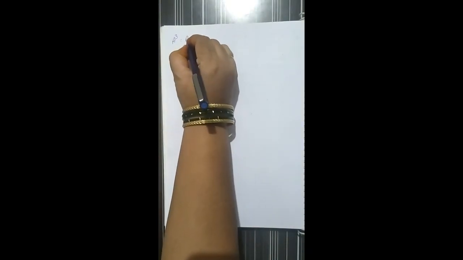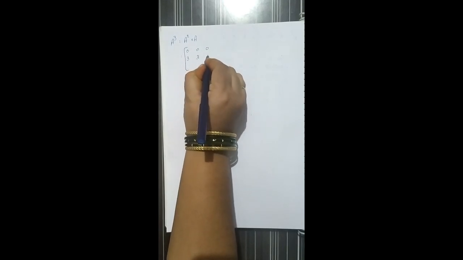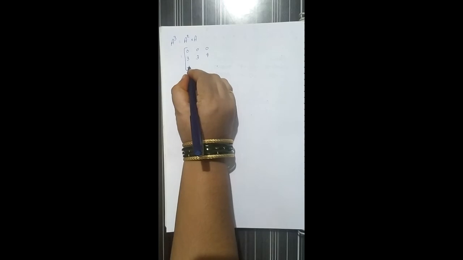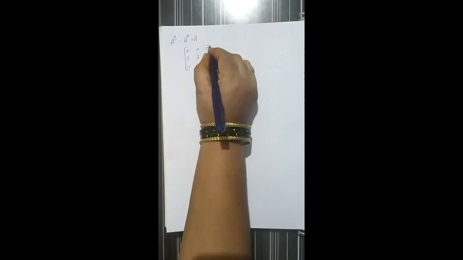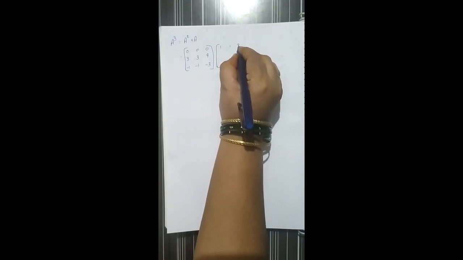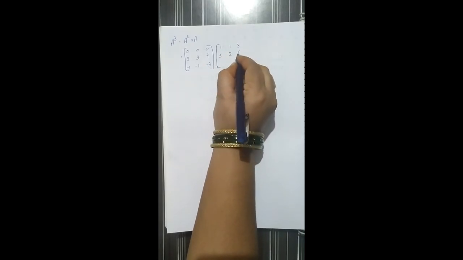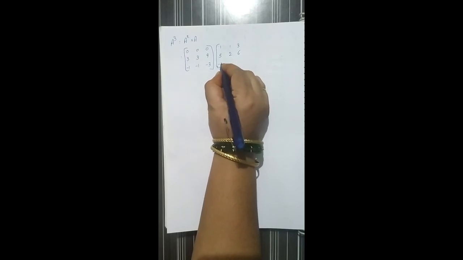Now A cube equal to A square into A. A square value is the matrix 0 0 0, 3 3 9, and minus 1 minus 1 minus 3, into matrix A: 1 1 3, 5 2 6, last row minus 2 minus 1 minus 3.